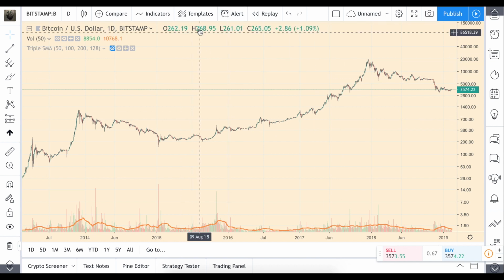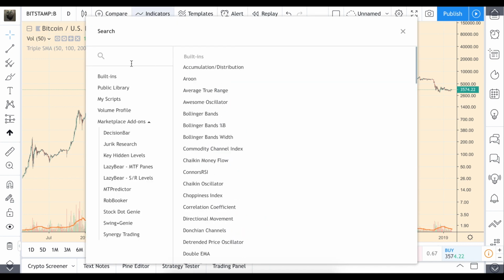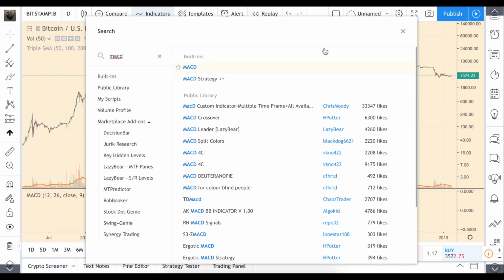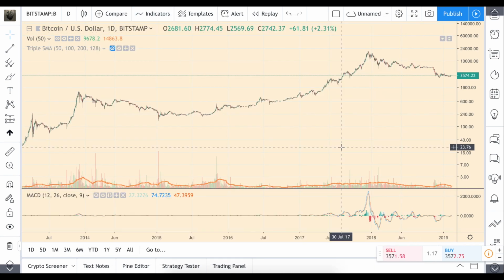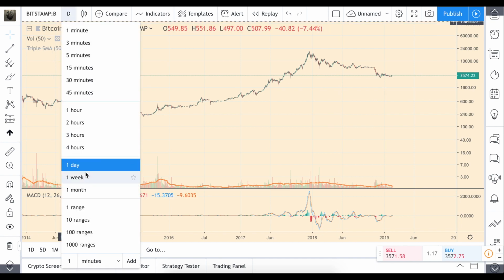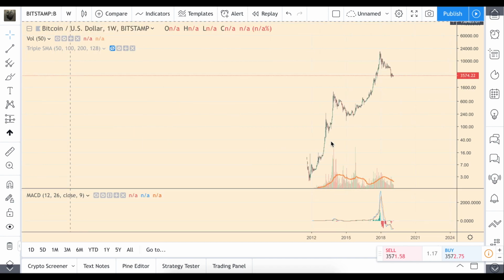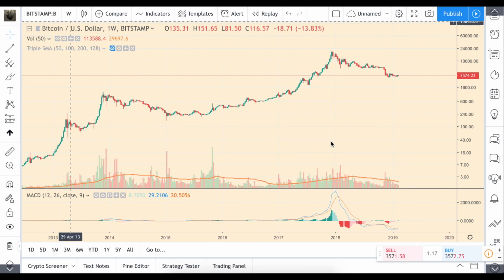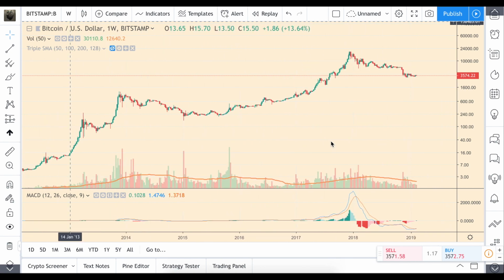But by the way, let's look at the MACD, because it showed, I think, one of the best data for Bitcoin recently. In fact, MACD is interesting because if you go to the weekly chart, where a lot of the noise is washed out, you can see that again.